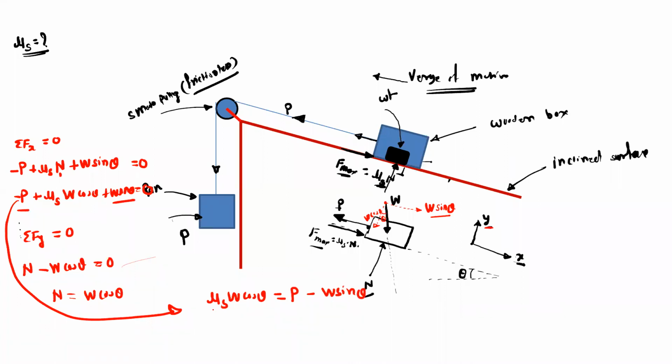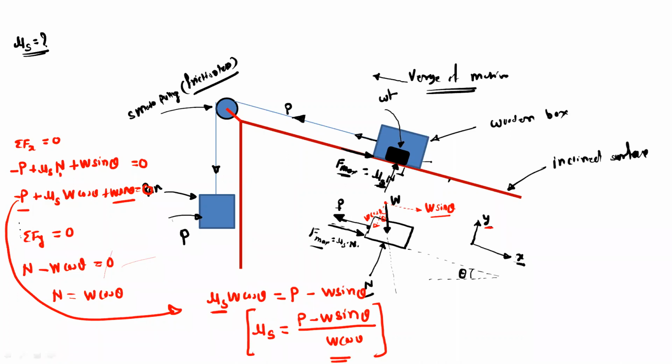And from this we need the mu s, that is the coefficient of static friction. So mu s is equal to P minus W sin theta upon W cos theta. By using this relation, we can find out the coefficient of friction for the given two contact surfaces. So this is your formula to find out the coefficient of friction.